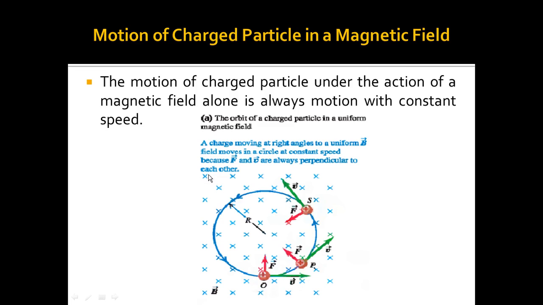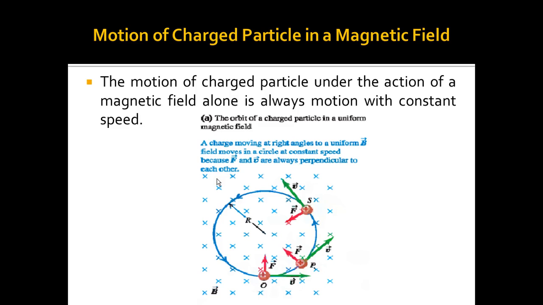Okay, so what you see here as the symbols, the x's, is the established direction for the magnetic field. Currently the direction of the magnetic field as indicated by these x's is directed into the screen. So the direction is from the outside of the screen going inwards into the screen of your computer.